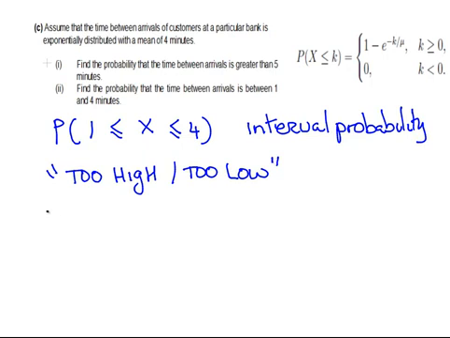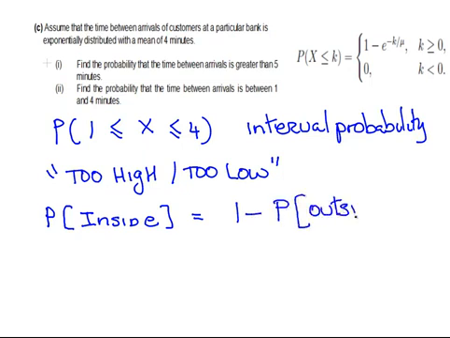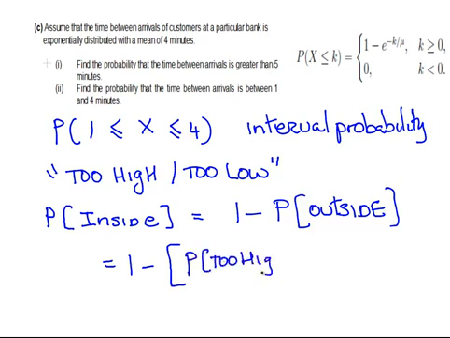So the probability of being inside an interval, like we have up there, is 1 minus the probability of being outside the interval. And if you're outside the interval, you're either too high or too low. So that's equal to 1 minus the joint probability of too high plus the probability of too low.